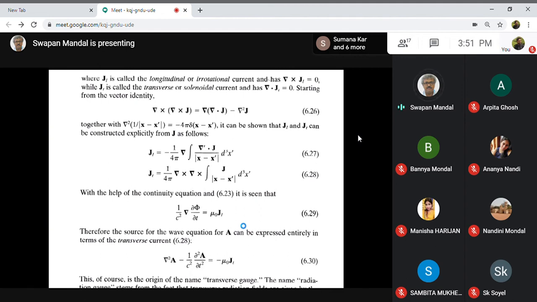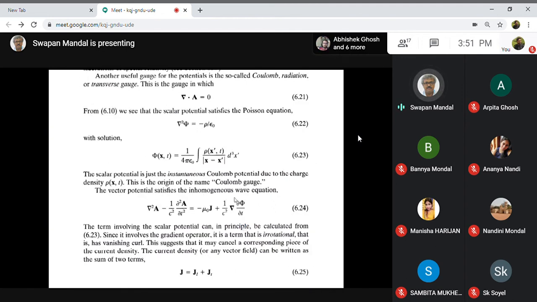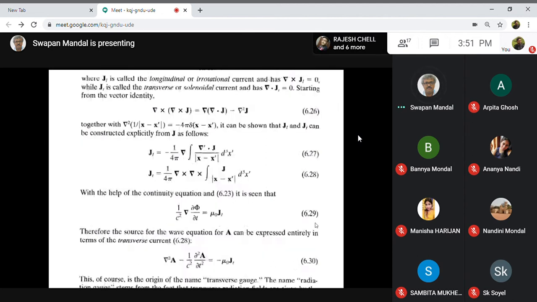Here you have put J equal to JL plus JT, so mu 0 JL will go. Therefore, you are left with minus mu 0 JT on the right hand side. So here is the final equation: del square A minus 1 by c square del square A del t square equals minus mu 0 JT.